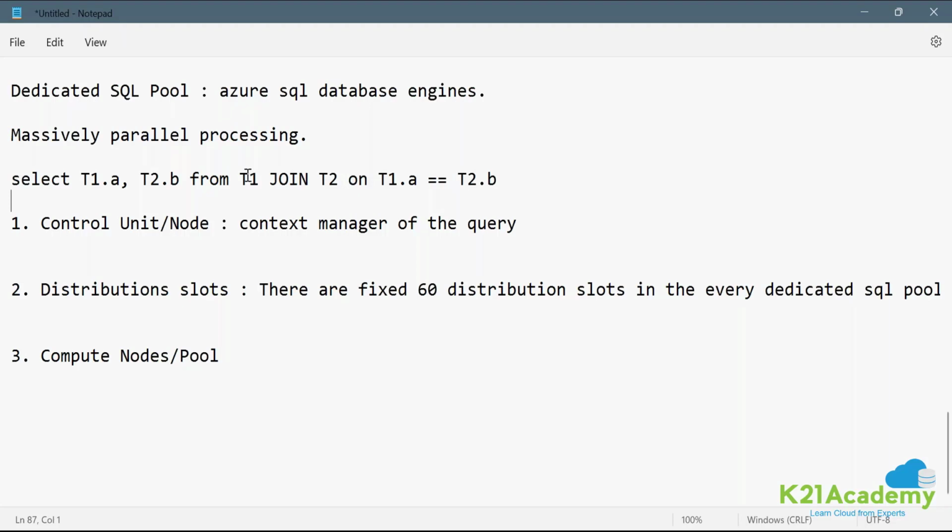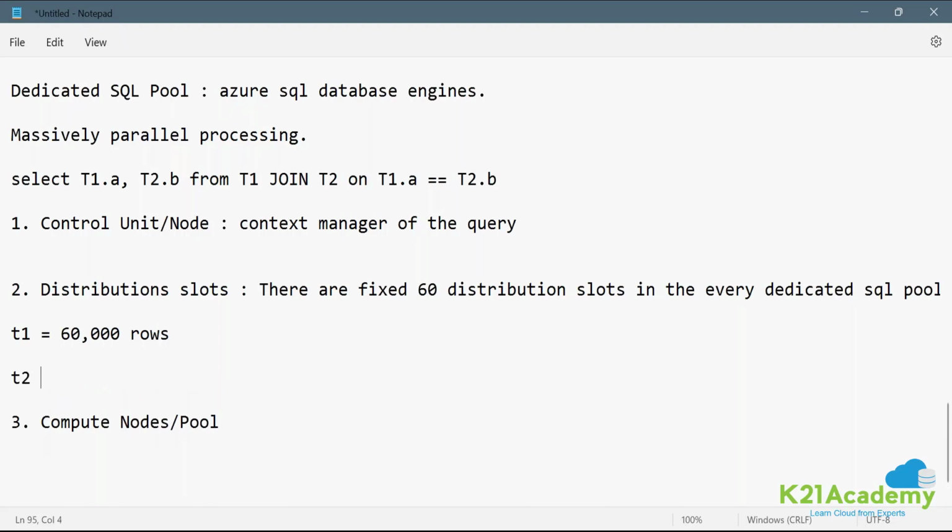The data of table t1 and the data of table t2 will be divided into 60 equal parts by the control unit. Let's say table t1 has 60,000 rows, and table t2 has 30,000 rows.